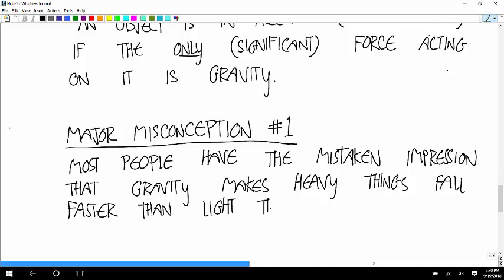And that makes sense with a lot of what we're used to seeing. Everybody can accurately predict what would happen if you took a bowling ball and a feather and dropped them off a building. The bowling ball would hit the ground, and a long, long time later, the feather would flutter down to the ground. The idea that it has something to do with their masses or their weights is not totally off, but it's not gravity that makes that happen.